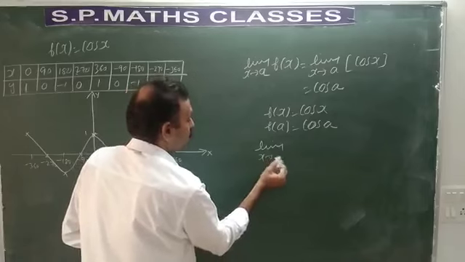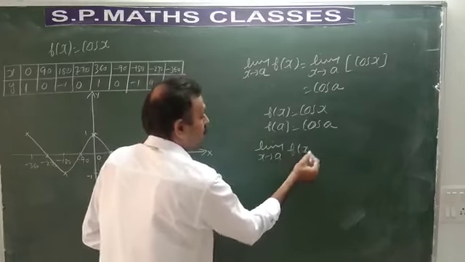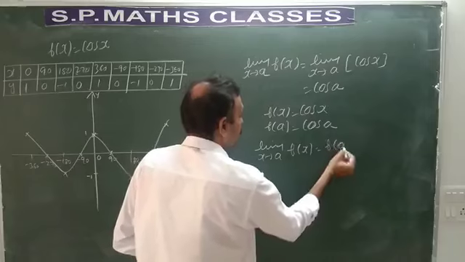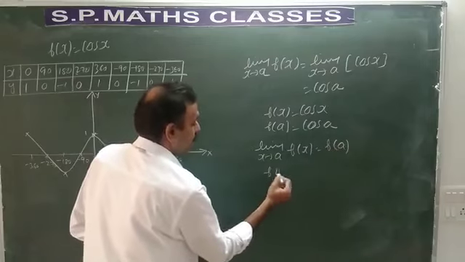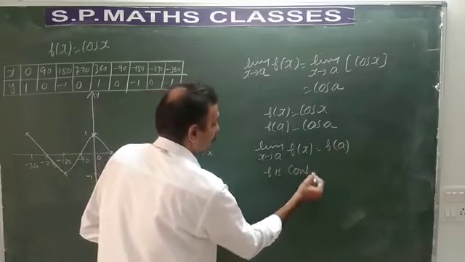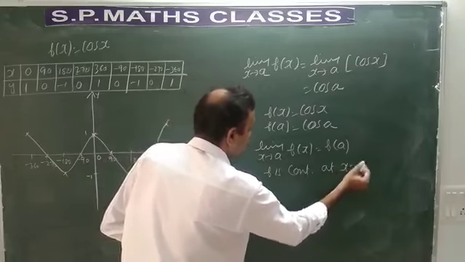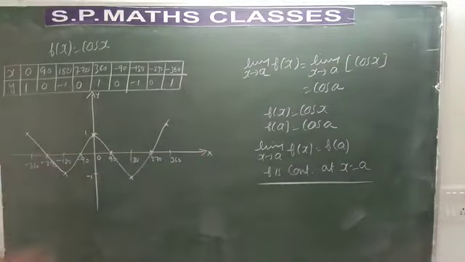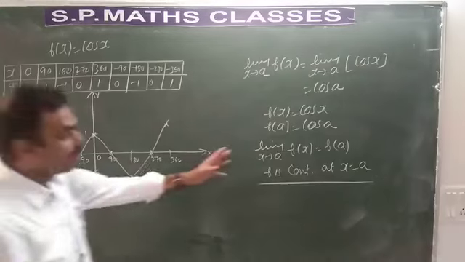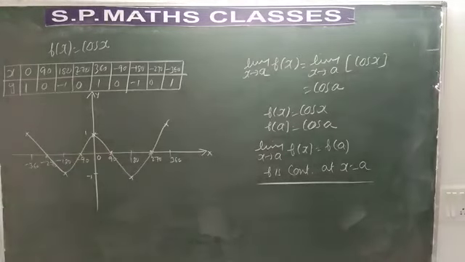Limit as x tends to a of f of x is equal to f of a. So f is continuous. Using the definition we have proved, and using the graph also we have proved. In both the cases, it is said to be continuous.